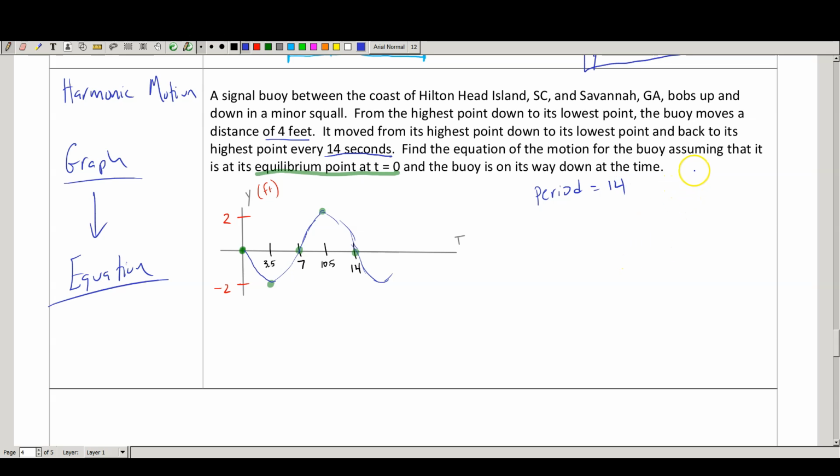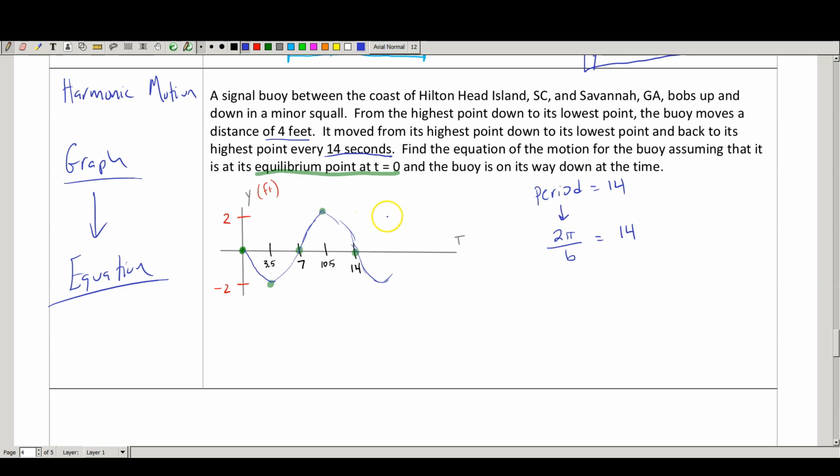But we know that if we're using sine or cosine, the period is 2 pi over b, right? So we're going to replace this and say 2 pi over b is equal to 14. That's going to give us our frequency, our b value of the equation that we're going to write.